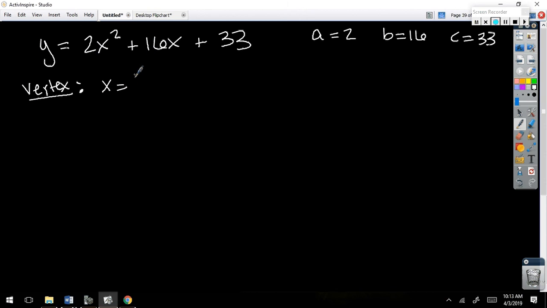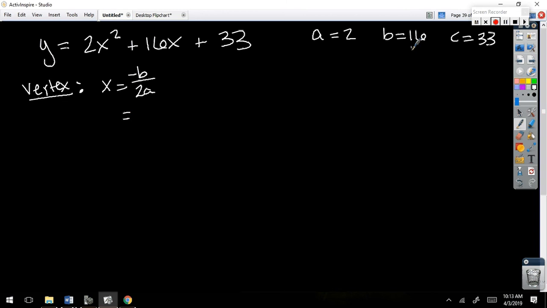All right, the formula, remember I told you think opposite B, not negative B, over 2A. Not negative B, but think opposite B. So if B is negative, make it positive. If it's positive, make it negative. Do the opposite sign of B. Okay? All right, so look.